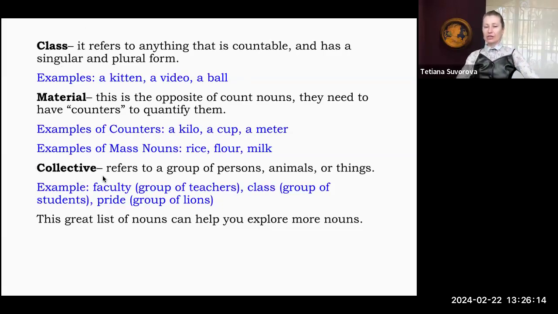And the collective nouns also exist in both languages. Hopefully, these classifications according to the meaning that can be expressed and the nominative function of the noun exist in both languages. So, but for English, it's more important from the viewpoint of grammar. For Ukrainian, from the viewpoint of lexical characteristics. Okay.